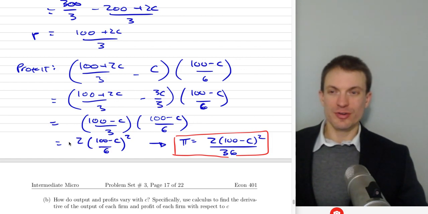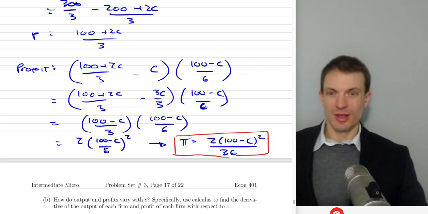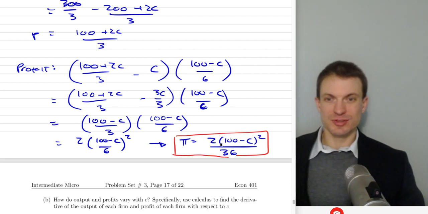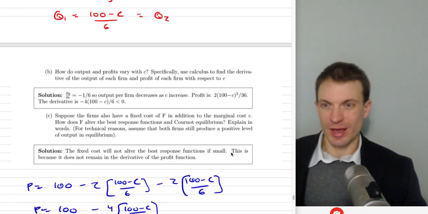And then the other 2 stays out front, right? Because what I did is I multiplied by 2 over 2. And so the numerator 2 and denominator 2 justified making this a 6. And so then my profits are 2 times 100 minus c, that quantity squared, divided by 36. And that was what this was doing.